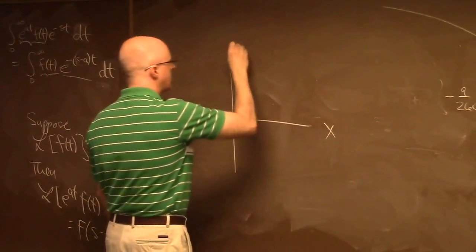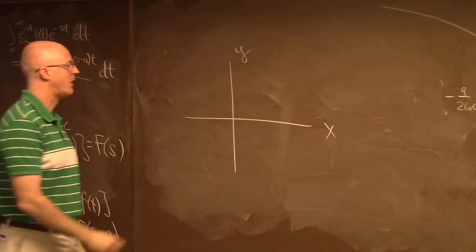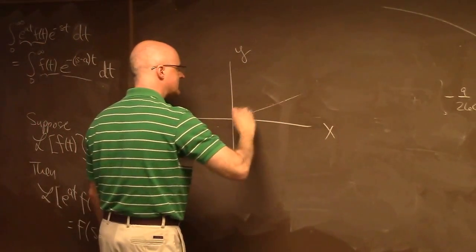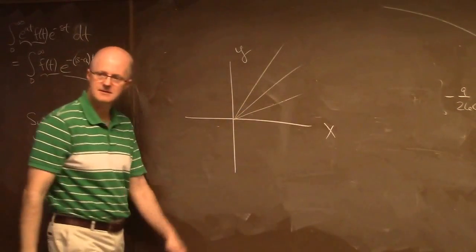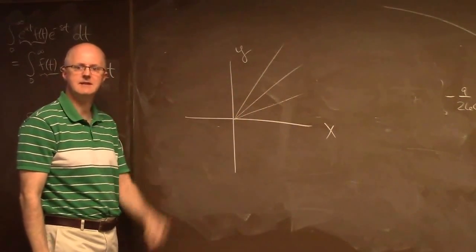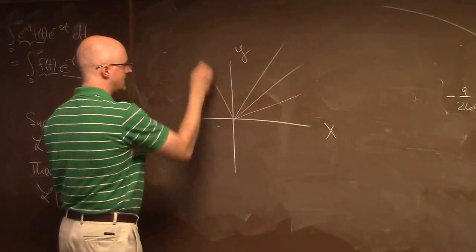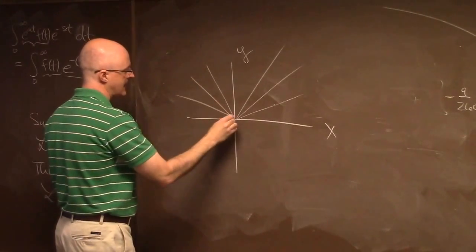So we've got an xy plane here. You have to imagine a polar grid imposed on this. So you have these different angles, which you can take the common angles of 30, 45, 60, if you like. You can also add in other angles.